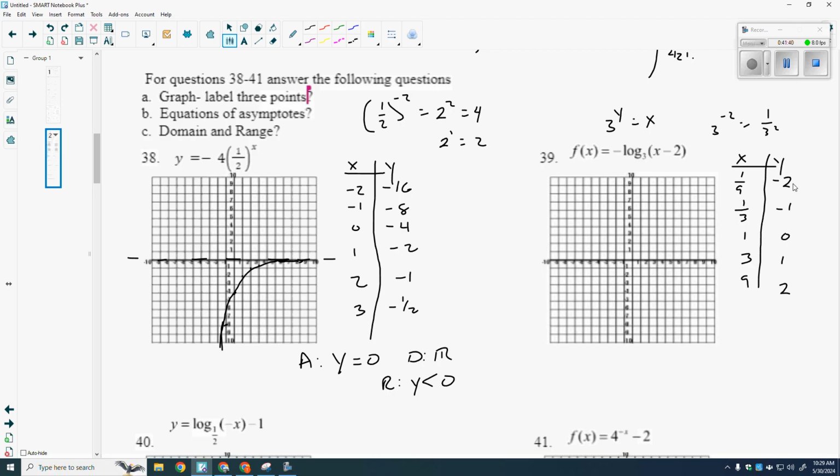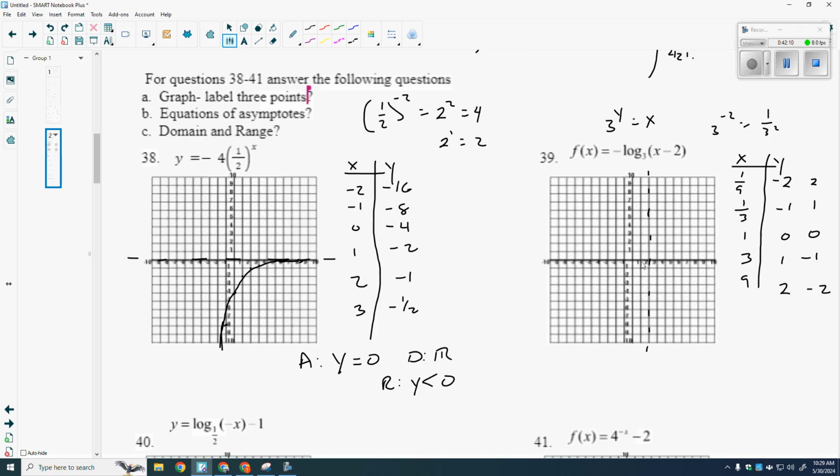This multiplies my y values by -2. So all these switch signs. 0 can't switch signs. And these we're going to add 2 to the x's. But I'm going to do that by simply shifting my vertical asymptote right 2. I'm going to plot these points from this shifted asymptote. But you could also make that 2 and 1/9, 2 and 1/3, and then just plot points.